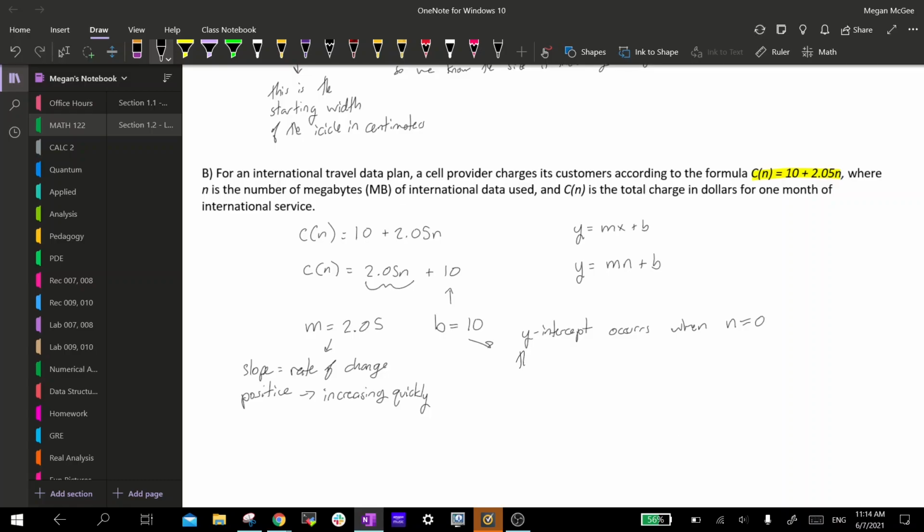This is the base price of the data plan when no megabytes of international data are used.